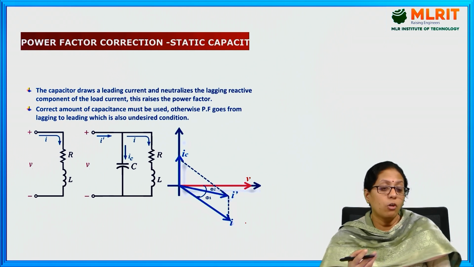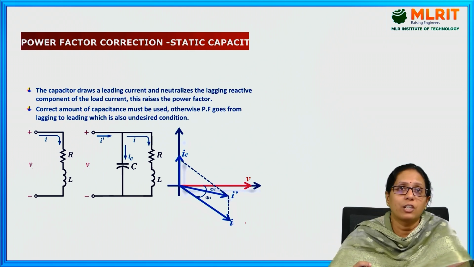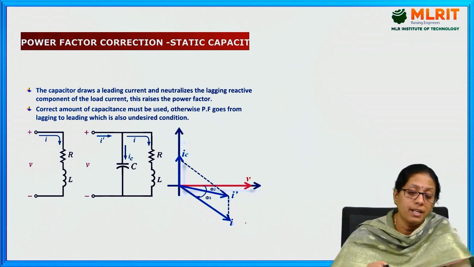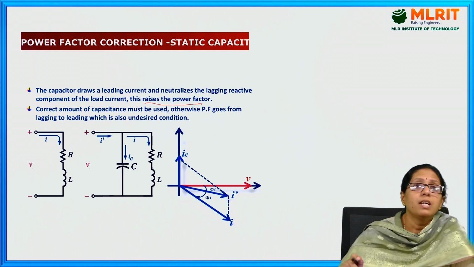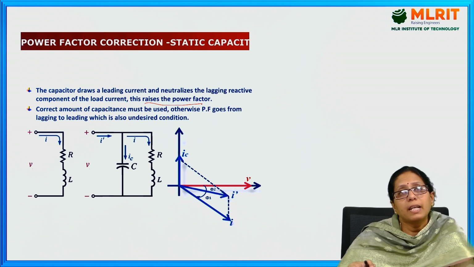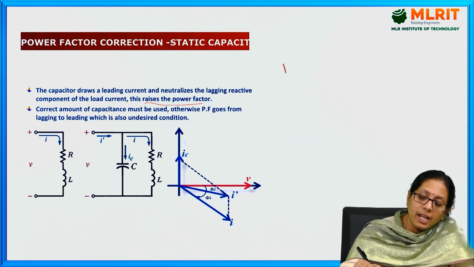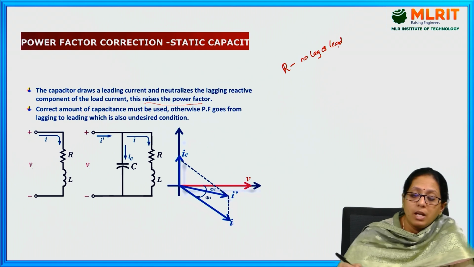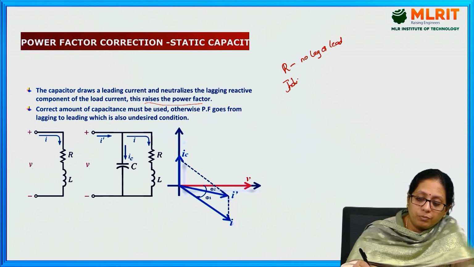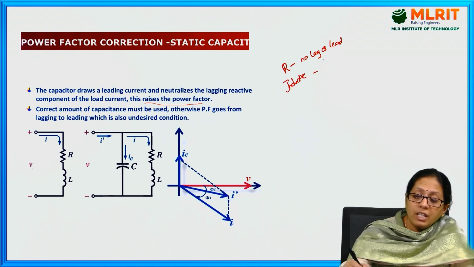That is, the capacitor draws a leading current and neutralizes the lagging reactive component of the load current, and this raises the power factor. The correct amount of capacitance must be used. That means, see here, resistive loads will have no lagging or leading effect. Inductive load will have a lagging effect.